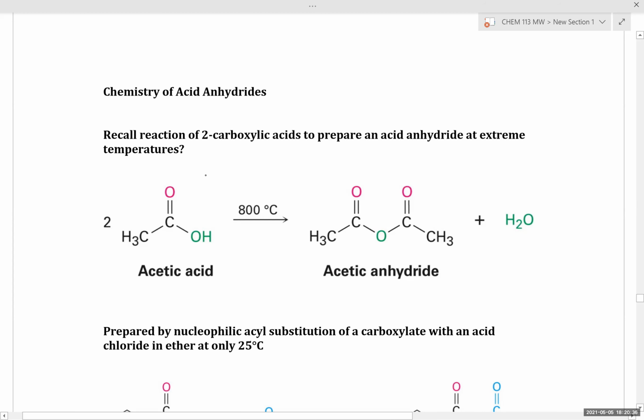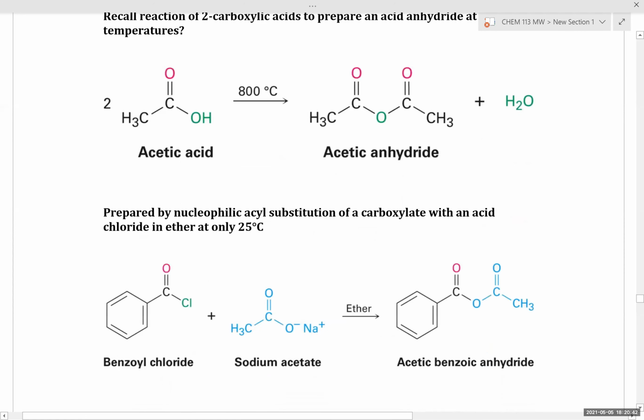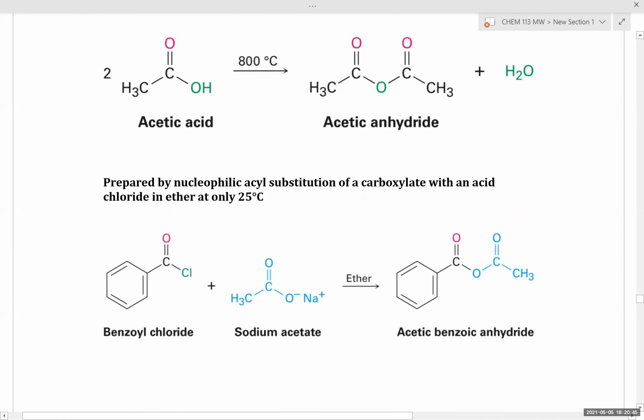Not easily practical in most cases due to the high temperatures required. An alternative method to prepare anhydrides, especially if you're aiming to prepare asymmetrical anhydrides, is via reaction of a carboxylate salt with an acid chloride.